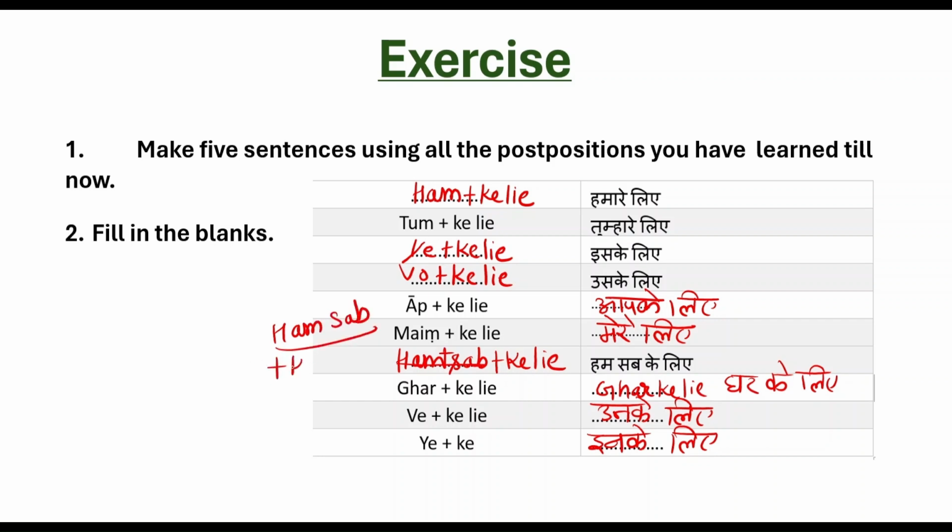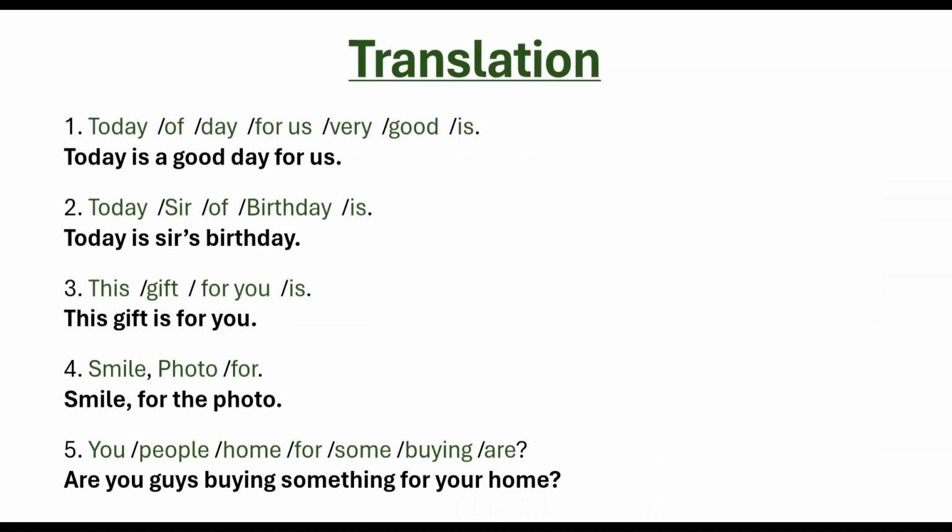Is हम सब with के लिए. By mistake I made a cross here between हम and सब. Not correct. So these were the 2 exercises.